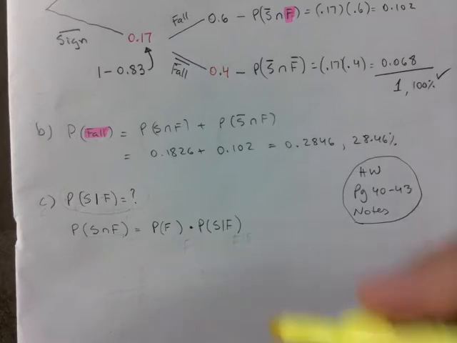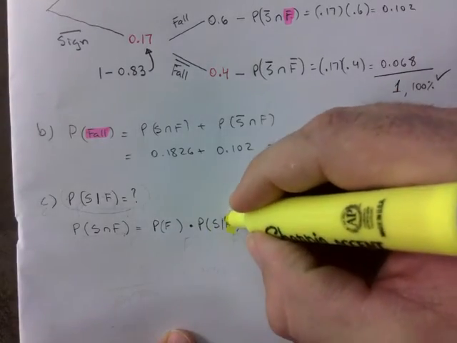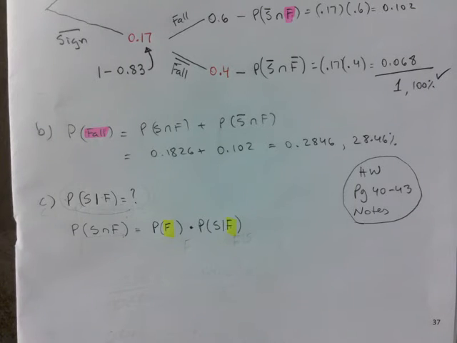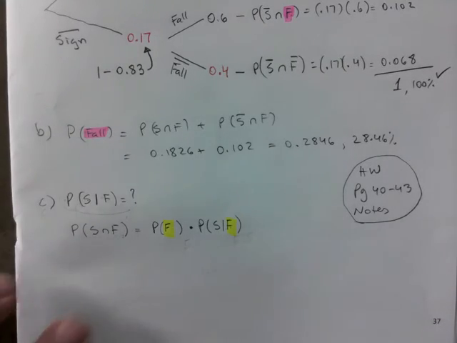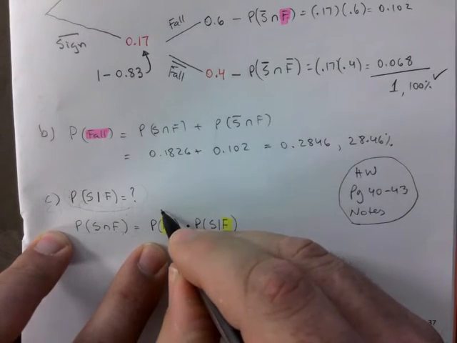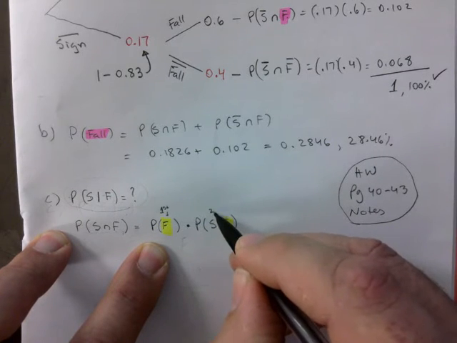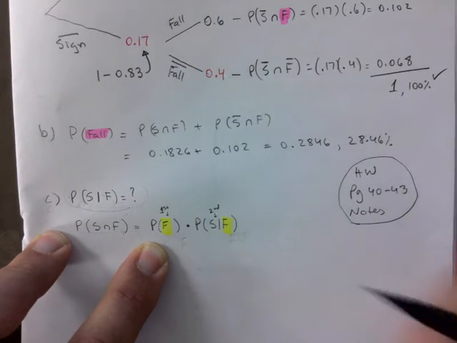I'm just going to say that this is what tells me what I need to put there. Now let's get our numbers from the tree. We get it straight from the tree. I also added in my notes that this is the first, and this is the second event, so to speak.